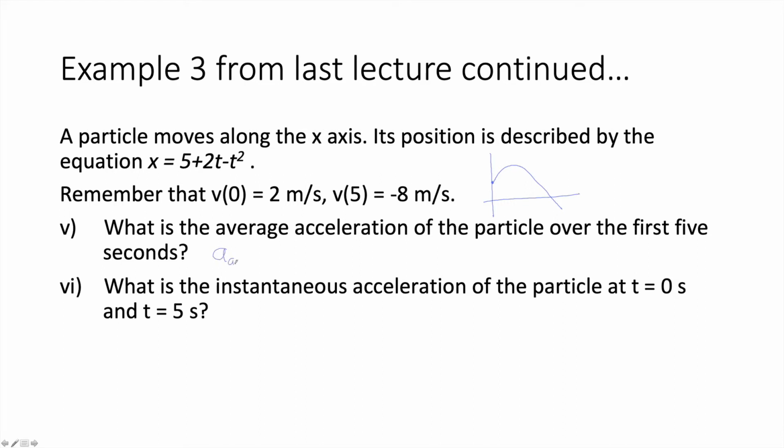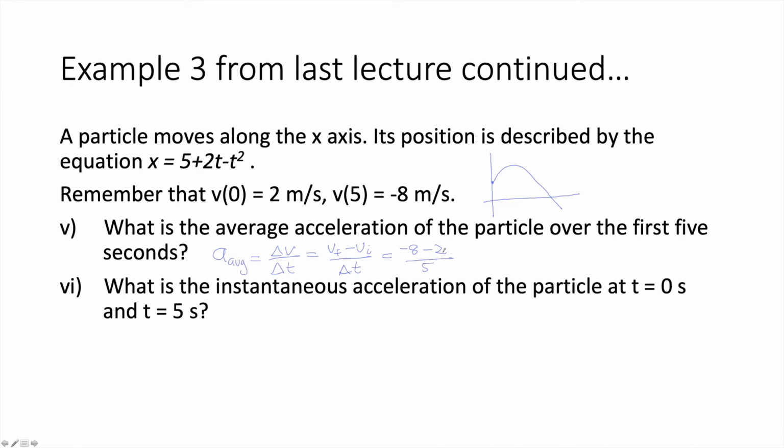So we want our average acceleration, which is equal to delta v over delta t. This is equal to the final velocity minus the initial velocity over the time interval. We calculated these. Our final velocity was equal to minus 8 meters per second, our initial velocity was 2 meters per second, and our time interval was 5 seconds.